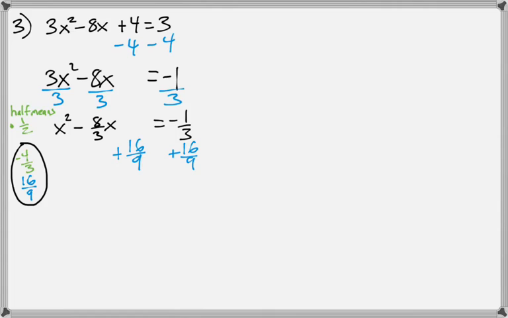And that's going to get you x squared minus 8/3x plus 16/9 is equal to, and you can do -1/3 plus 16/9 on your calculator, and you get 13/9.